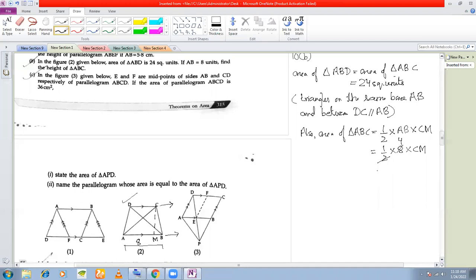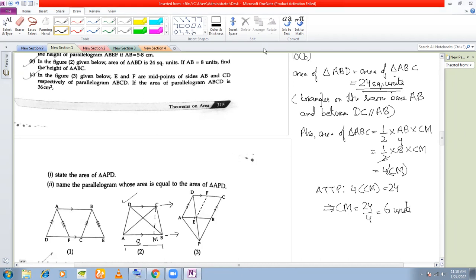So area of triangle here is 4 into CM, right? And what is the area of triangle ABC we have found out? 24. So according to our problem, 4 times CM must be equal to 24. So therefore, what is the height CM? 6 units, right? And that finishes your problem.